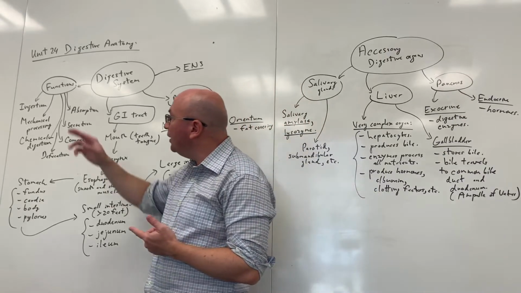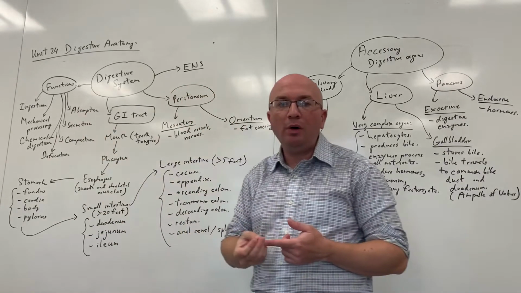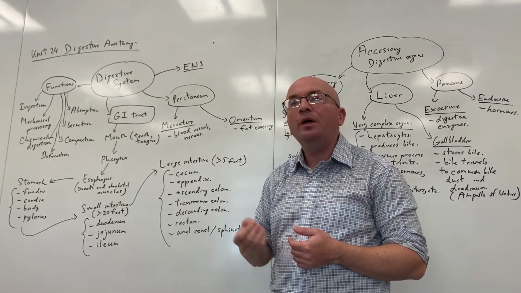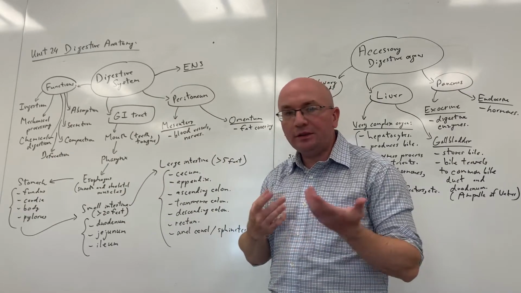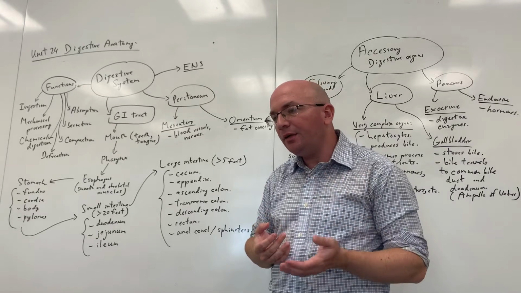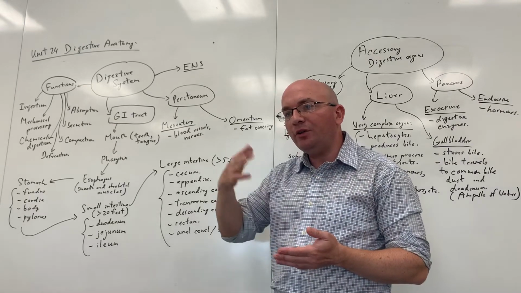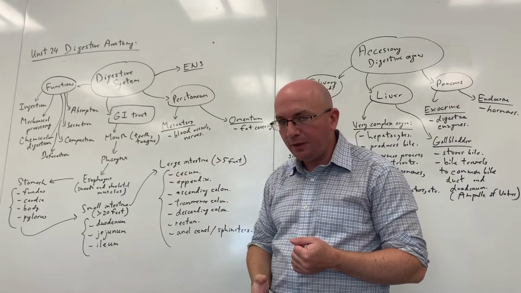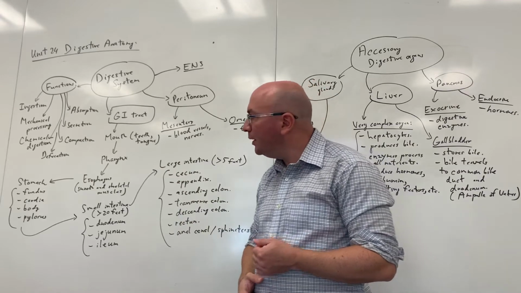And eventually, there's going to be absorption of these small molecules into the bloodstream and sometimes into the lymphatics, essentially allowing them to migrate to the rest of the body, to all the cells.